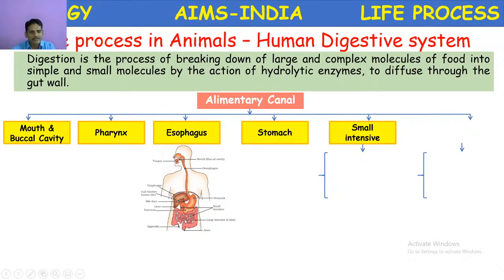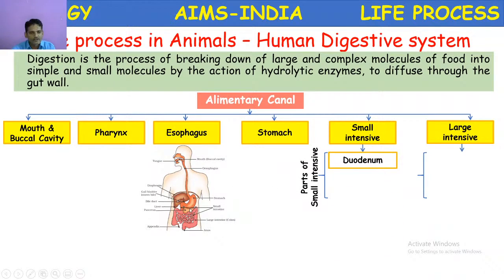Small intestine is divided into three parts, and large intestine is also divided into three parts. The parts of small intestine: the first part is duodenum. Stomach opens into duodenum. Then jejunum, a long structure. And the terminal part of small intestine is called ileum. It is more coiled.